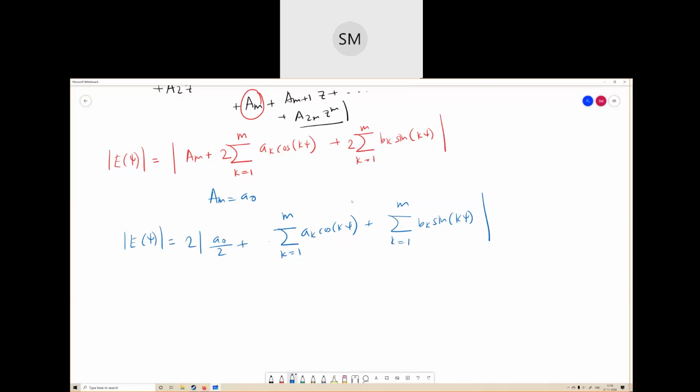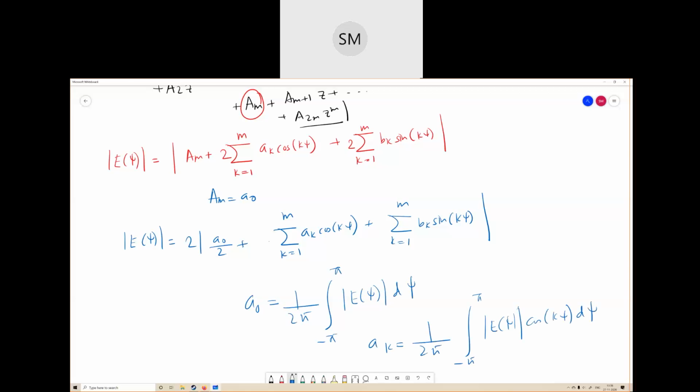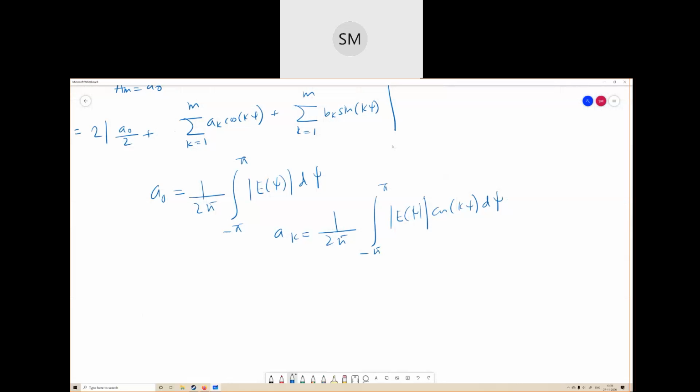Okay, and how to find out these values? A0 is given by 1 by 2 pi, integral from minus pi to pi of mod of E psi d psi. ak is 1 by 2 pi, integral from minus pi to pi of E psi cos k psi d psi. bk is the same with sin k psi d psi. Are they okay?